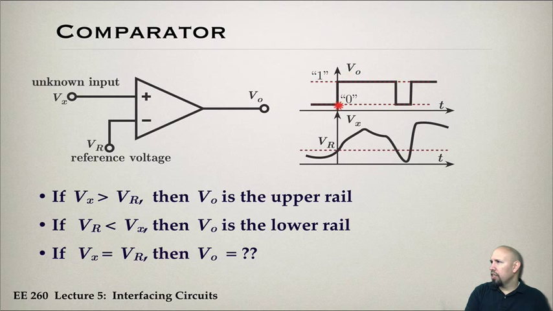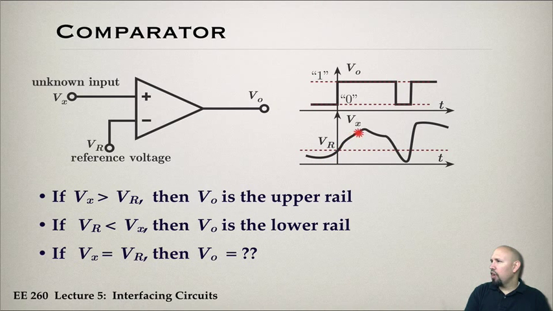The output VO is the lower rail, whatever that value is, and I'm going to call that a 0. When Vx goes above the reference voltage, it switches and hits the upper rail, which I'm going to call 1. At the point where the crossing occurs, a switching is occurring, and so we don't know exactly what the voltage is because it's probably changing at that point.